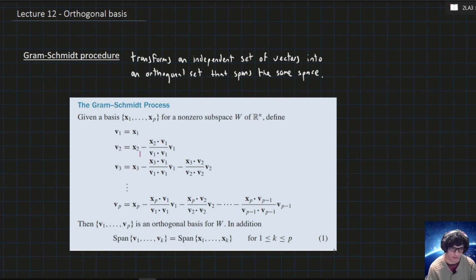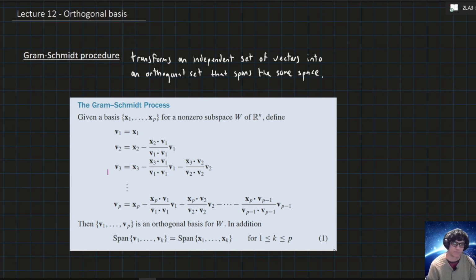We take x2 and subtract off the projection of x2 onto v1. So that's what this formula is saying here. This expression is equal to the projection of x2 onto v1.